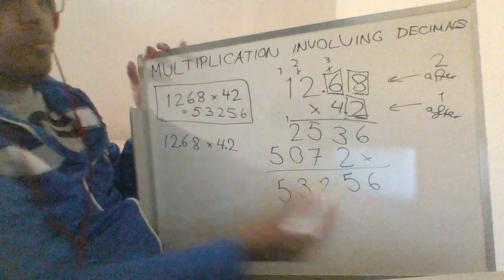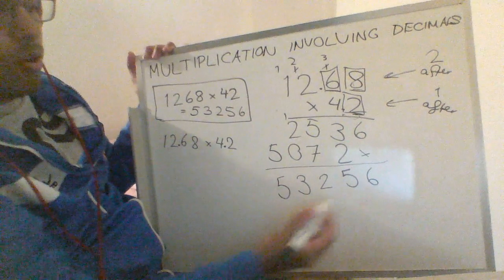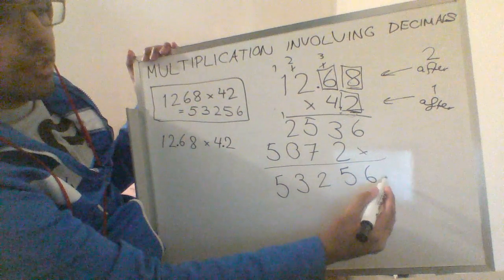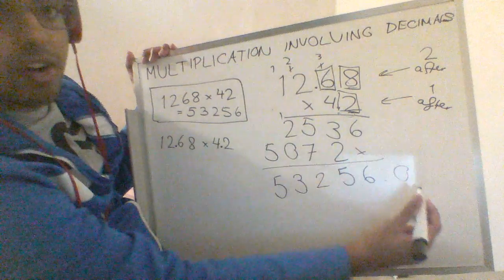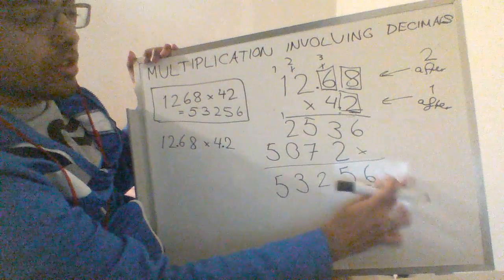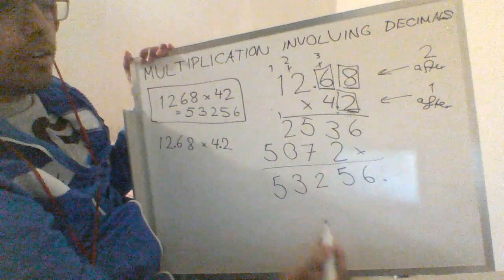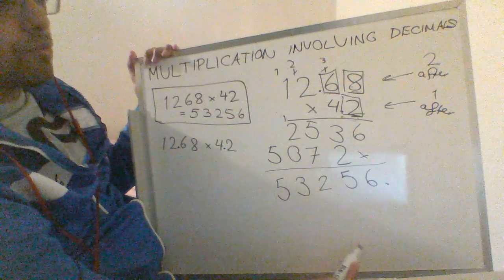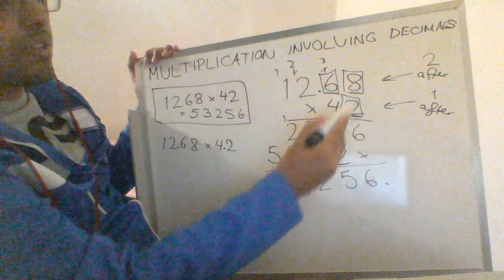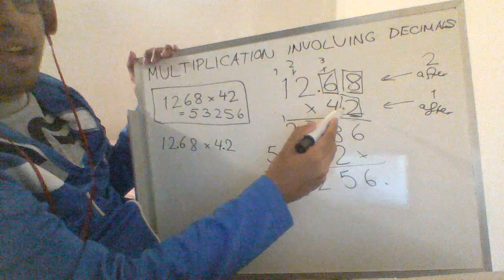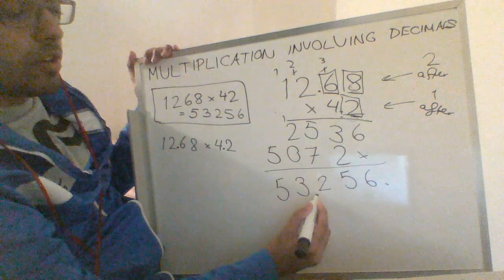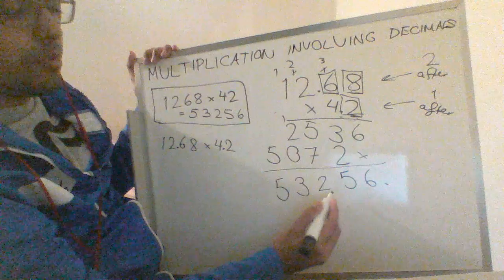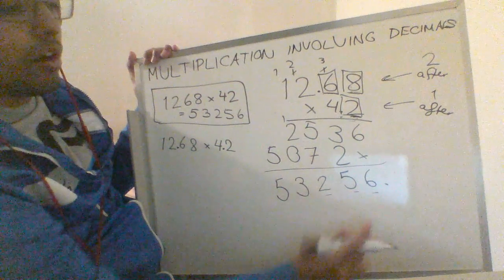And so what we do is, normally if you had a whole number, this is the same as having like 53256.000 forever, right? So you could say that the decimal point is right here after the 6. And because we have 3 digits after the decimal point in these two factors altogether, we just want to make sure that our decimal point has 3 digits after it in our final answer as well.